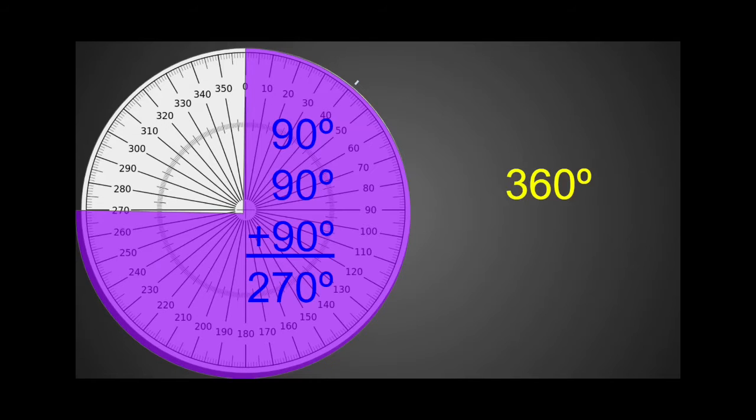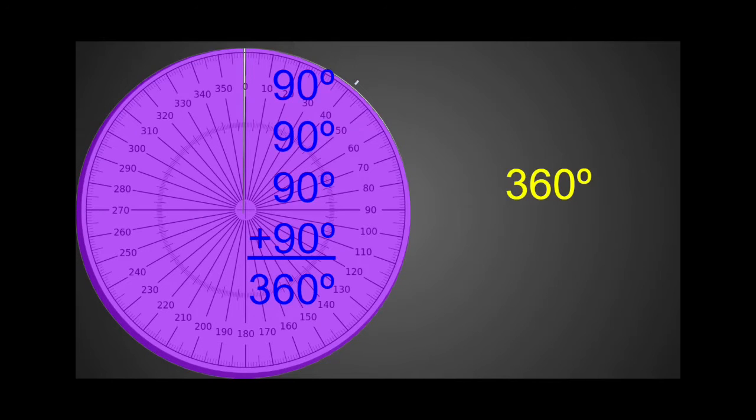And finally, 4/4 turns or one full turn is 90 plus 90 plus 90 plus 90, which equals 360 degrees. One full turn, one full circle is 360 degrees. Let's look at some examples now of how I can have different angles to show different sizes.